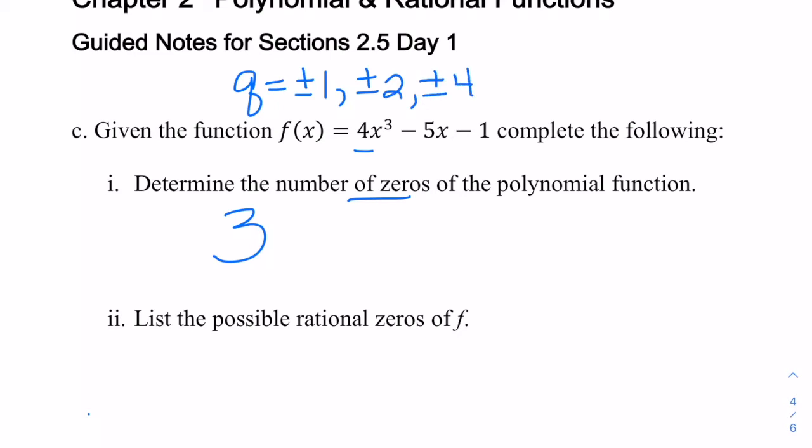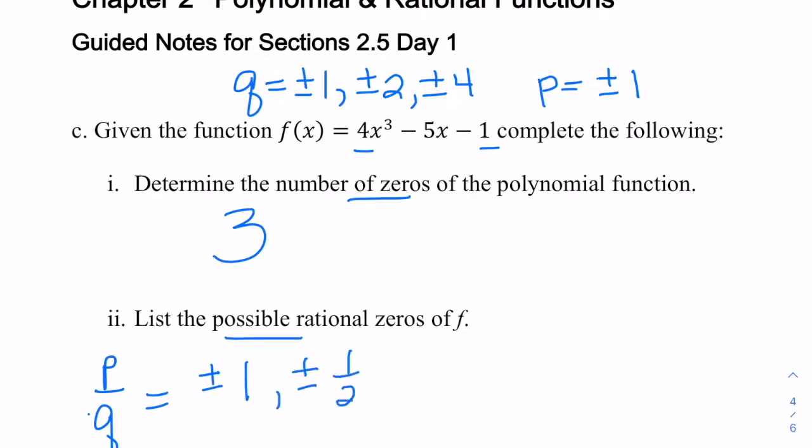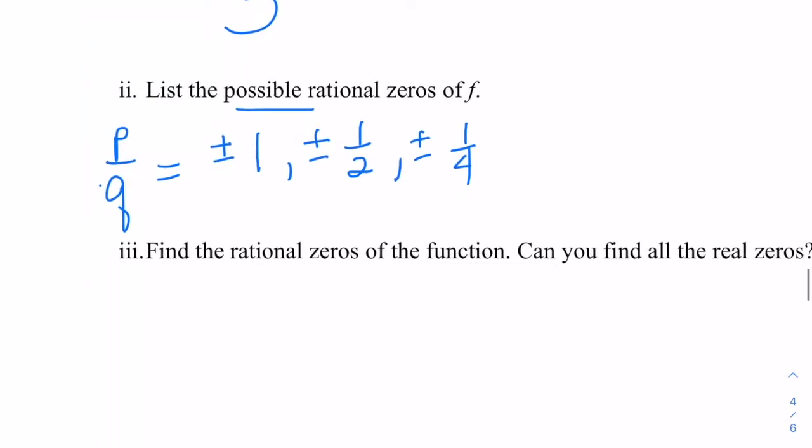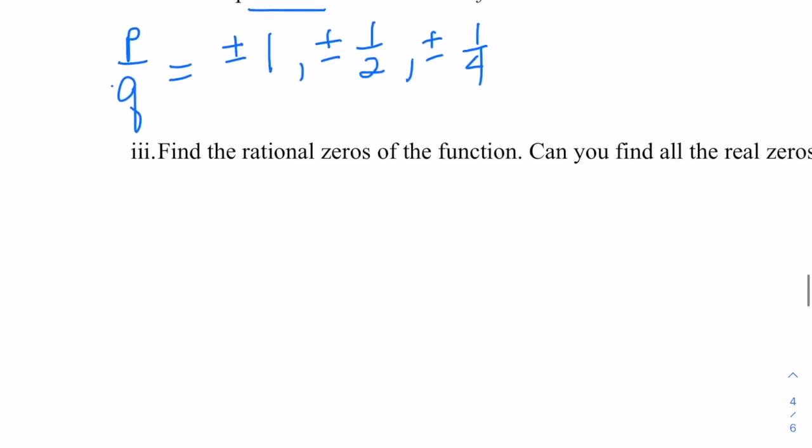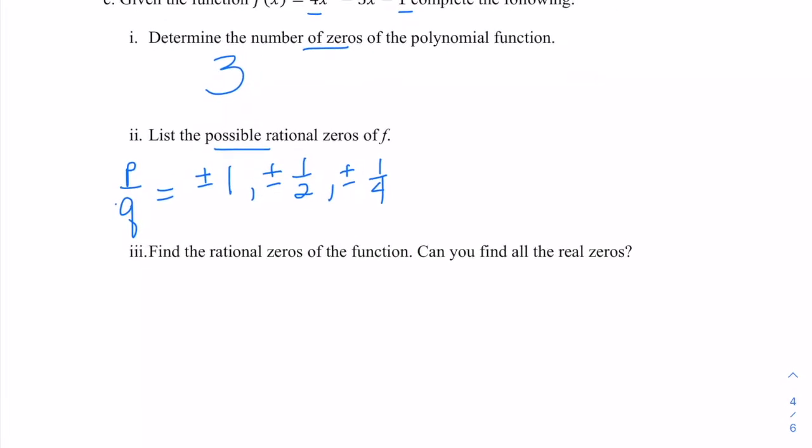And then our p will be the factors of our constant, which is 1. So p over q, all our possible rational zeros would be plus or minus 1, plus or minus 1/2, and plus or minus 1/4.